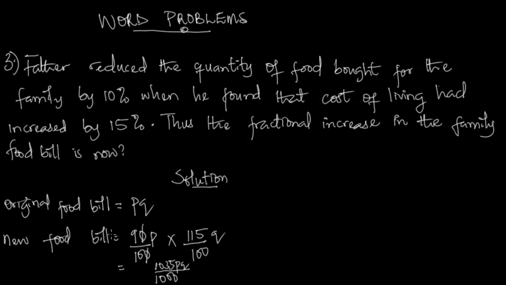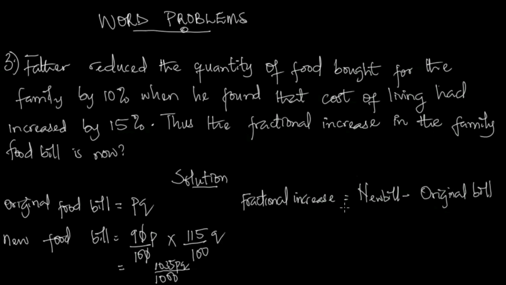Now, having gotten the new food bill, we can get the fractional increase. The fractional increase is equal to the new bill minus the original bill, all over the original bill.